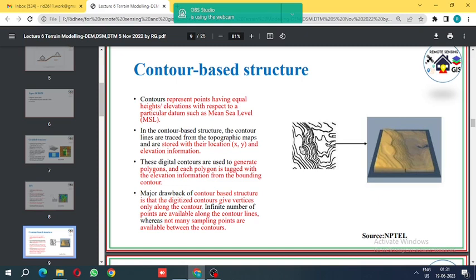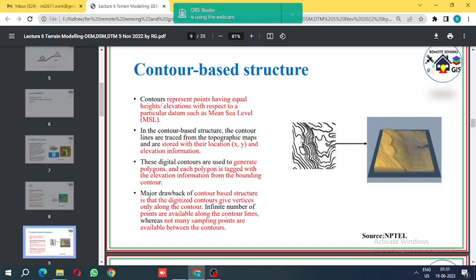Suppose this is my contour. Each line is representing a particular elevation. Suppose there are a lot of points here, and this point maybe represents 1,000 meter. So this whole line is 1,000 meter. These lines are joining those points which have the same elevation, that is 1,000 meter.